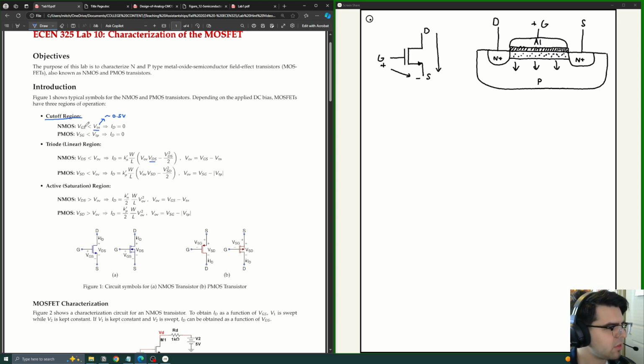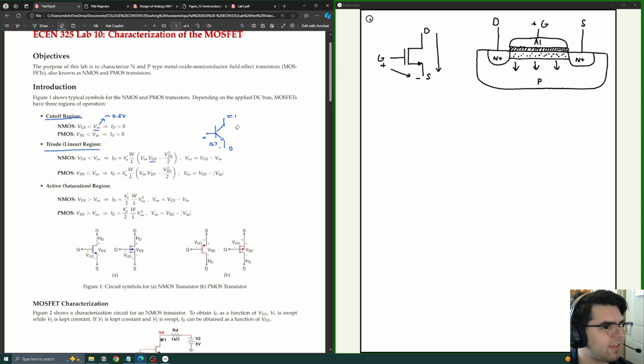Then we get into the triode region, which is similar to the linear region you see at the beginning of the BJT curve, where our gate to source voltage exceeds the threshold, but our drain to source voltage is not high enough. If you remember for the BJT, we could meet the 0.7 volt drop, but if the collector to emitter voltage was less than the saturation voltage of 0.2 volts, then we were in the saturation region, that linear region.